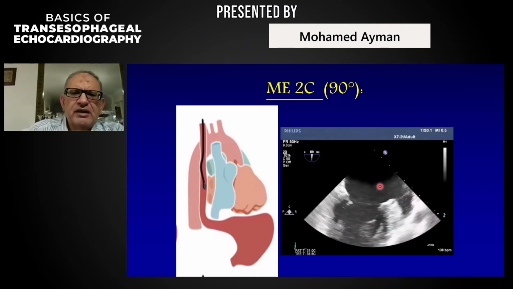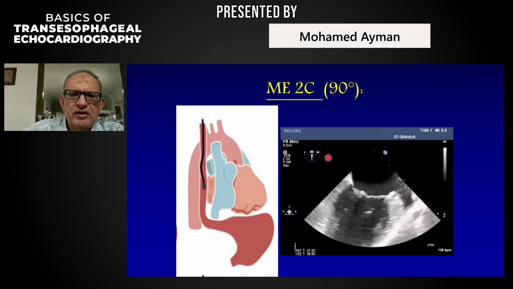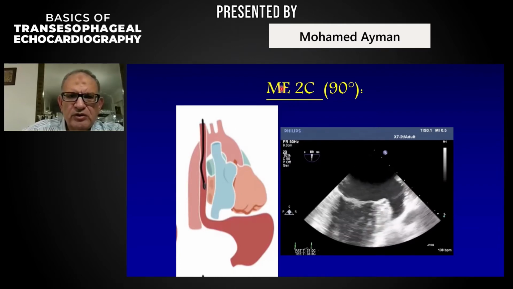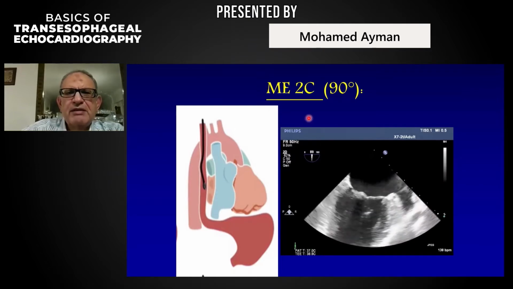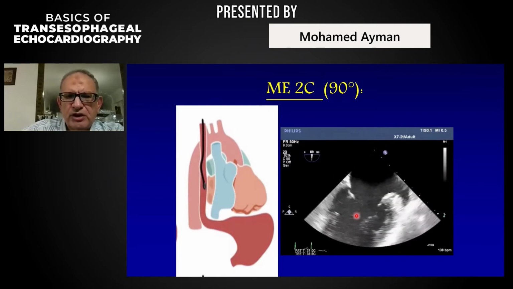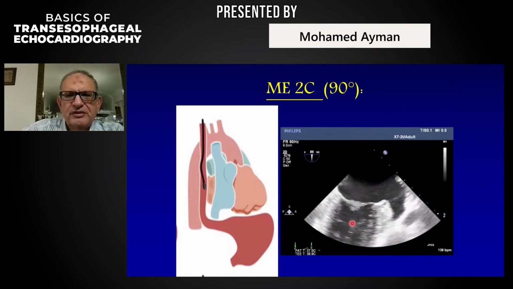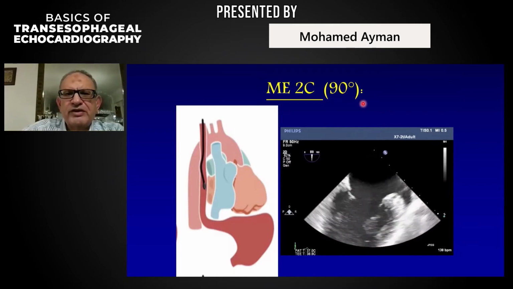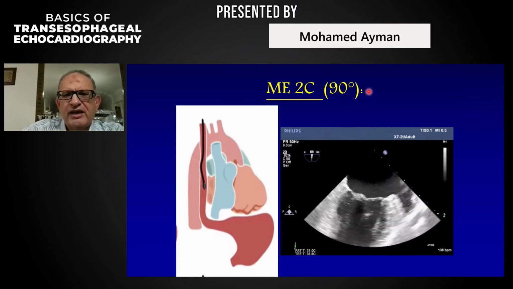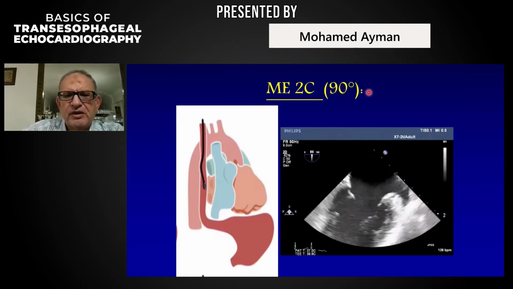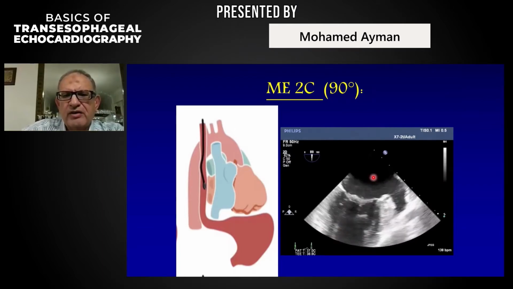Note, everyone, that whenever we comment on it, you have to mention the position in this view. We are going to say it's mid-esophageal. The name of the view here is two-chamber. And we are going to say the angle of inclination, which is 90. And you can add a fourth item, which structure you are looking at.